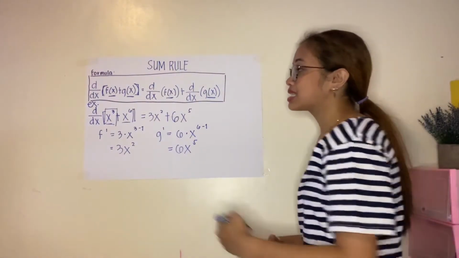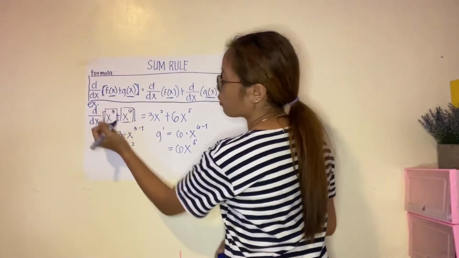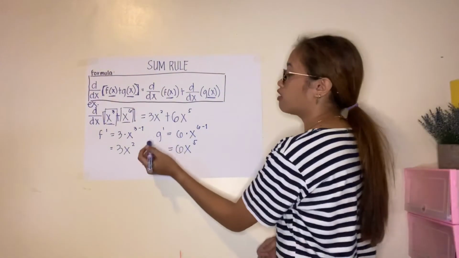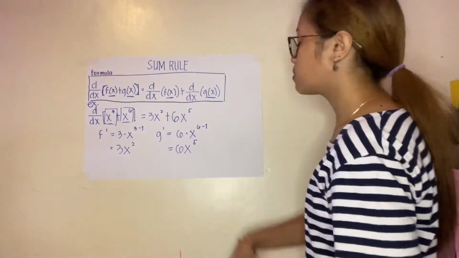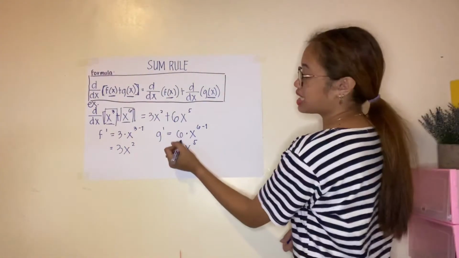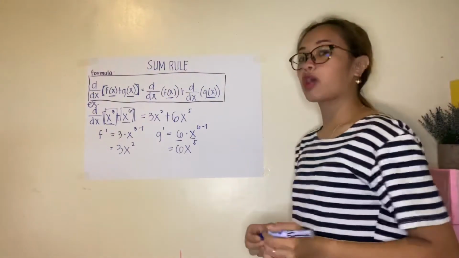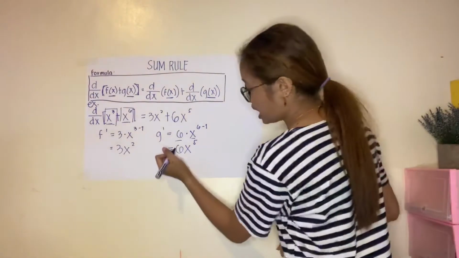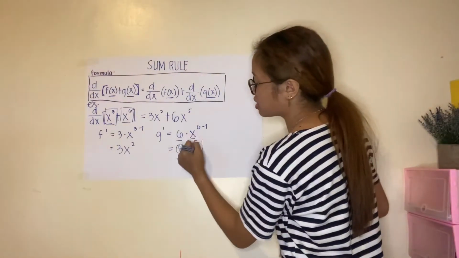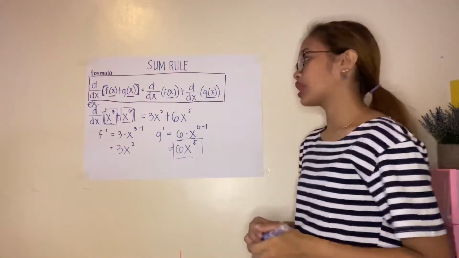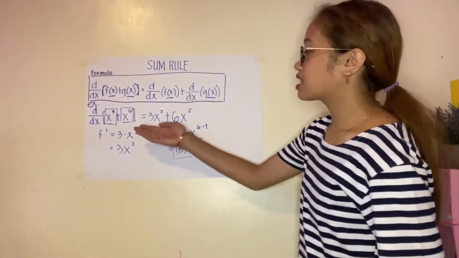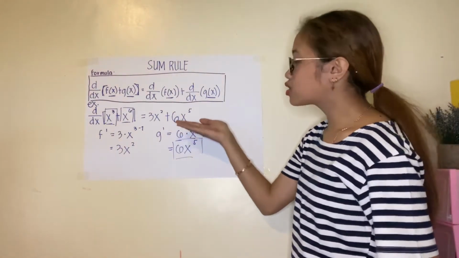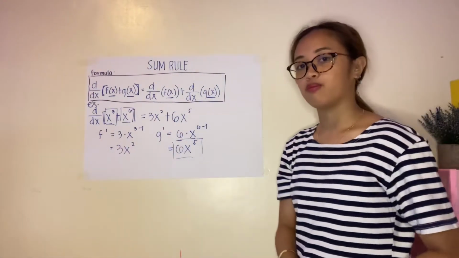Next is x raised to the power of 6. So g prime, or the derivative of g, would be equal to 6 times x raised to the power of 6 minus 1, which is 6x raised to the power of 5. Thus, we get 3x squared plus 6x raised to the power of 5.